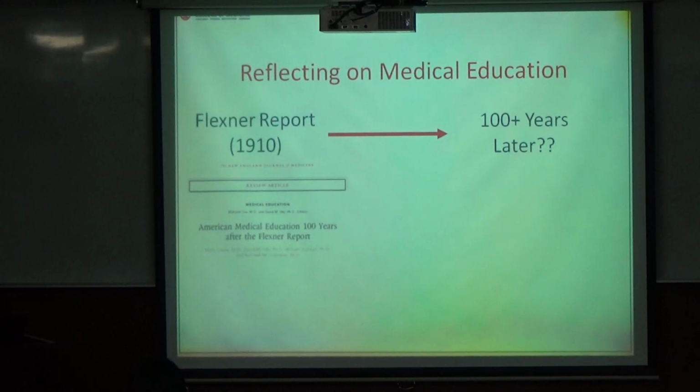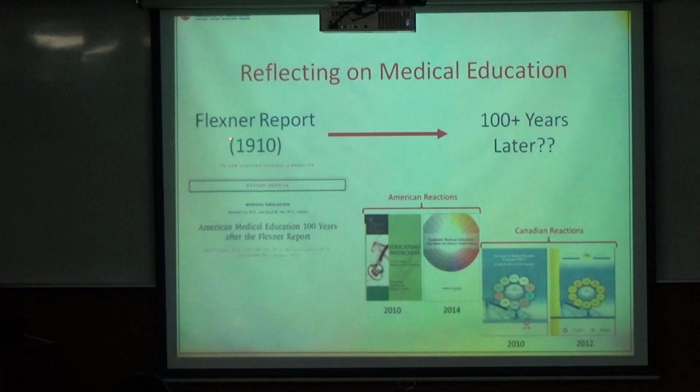For those of you who are not familiar with the Flexner report, in the current medical education structure, you have basic sciences, followed by the clinical sciences, and then you have residency. This kind of structure was identified in the Flexner report, and that was when the current medical education curricular structure was really defined.